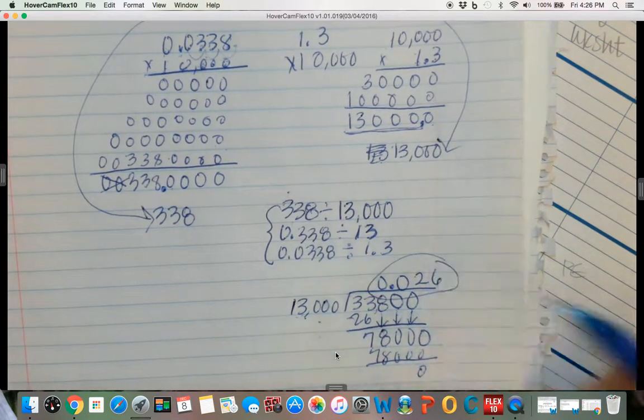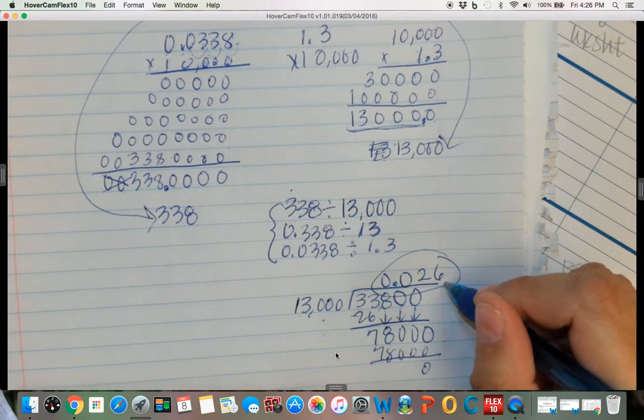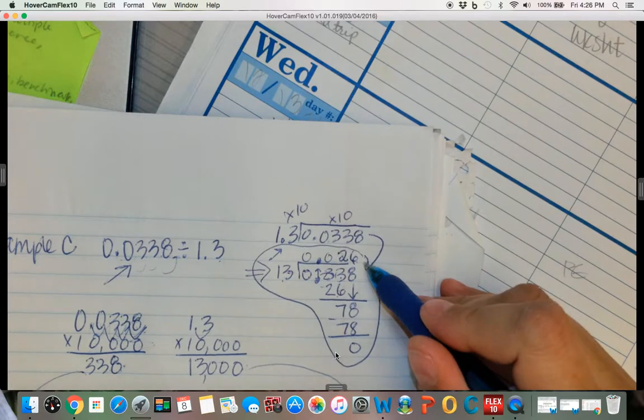Our answer is still the same. We got 26 thousandths here. We got 26 thousandths here.